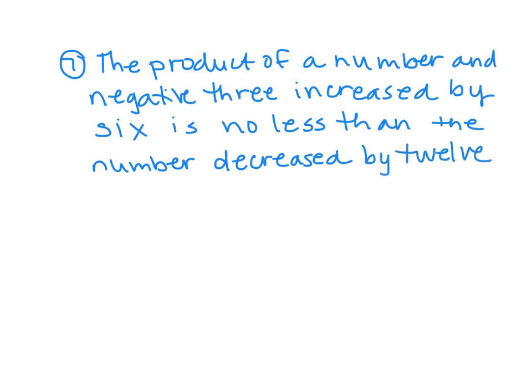Okay, so now this is the one part that some of you need to be careful. Product means you're multiplying the product of a number and -3. So -3 times a number, so -3n.